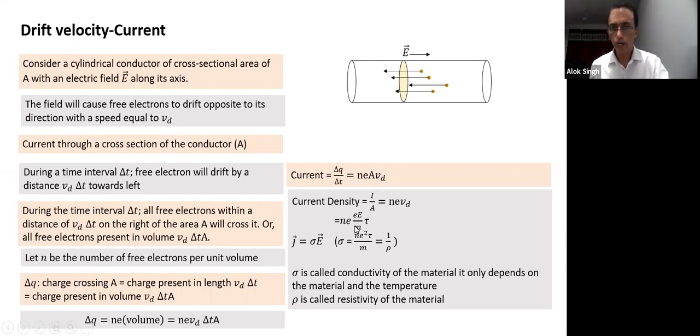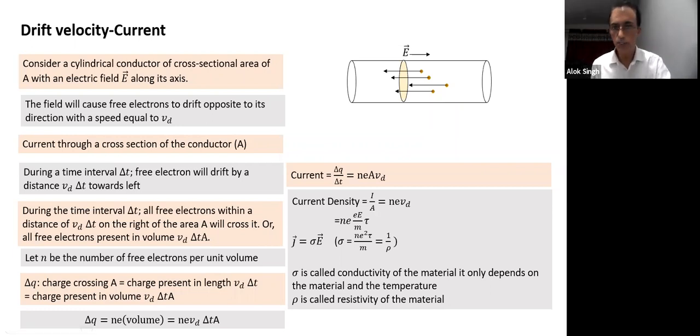This E is the external agent which is causing the current to flow. All other terms, n is also a property of the material, e square is a constant, m is also a constant, tau also is a property of the material. So all these terms we combine into one constant called sigma, and sigma is the term called conductivity.